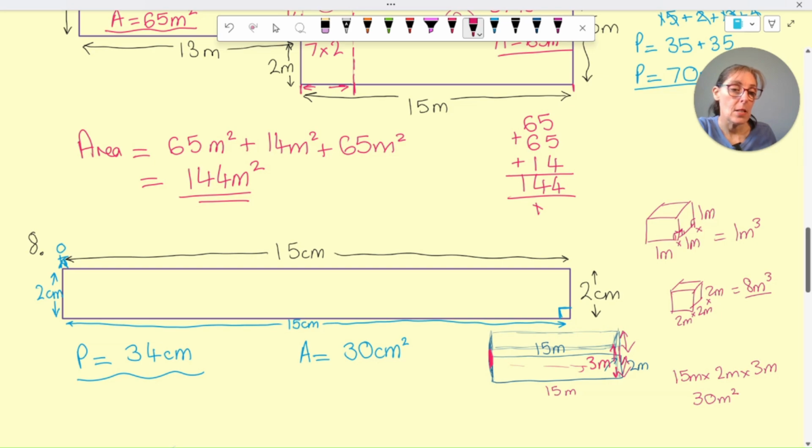And that's 30 meters squared because it's 15 times 2, which is 30, and meter times meter, which is meter squared, times 3 meters. 30 times 3, 90 meters squared times meters is meters cubed, and that would be 90 meters cubed. So that's how many meter cubes would be inside that space.